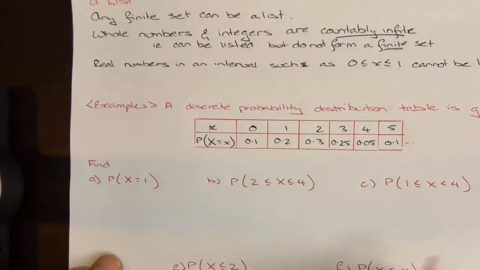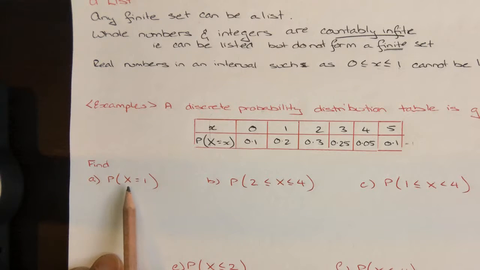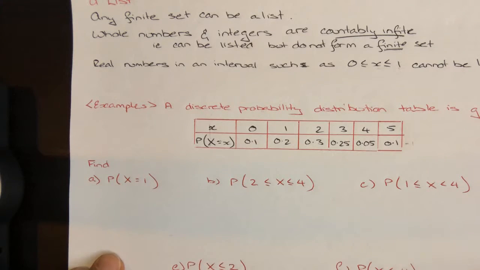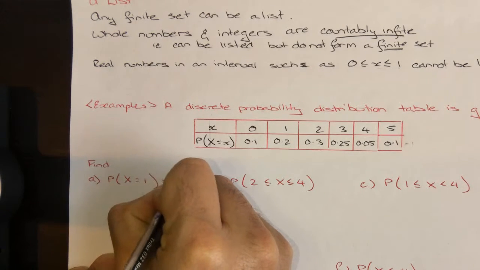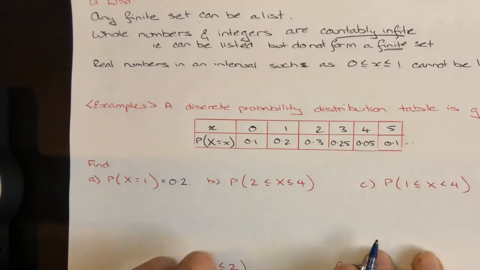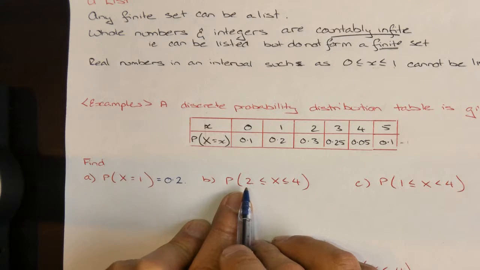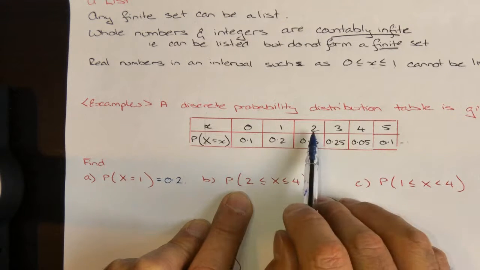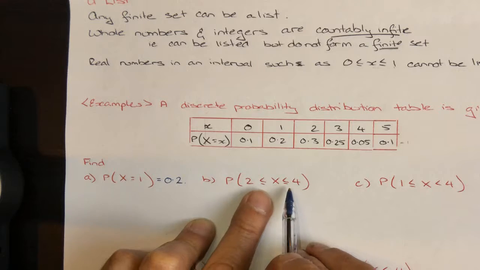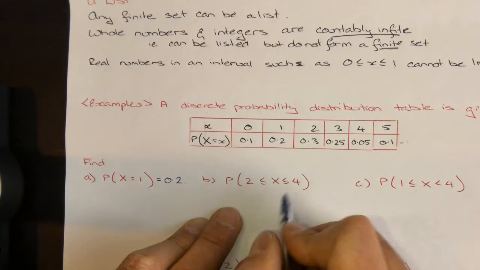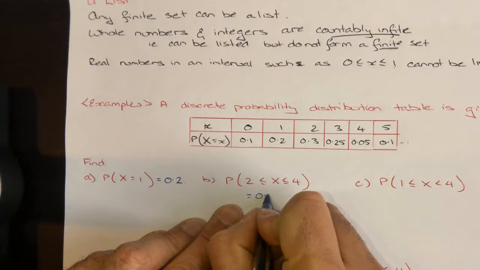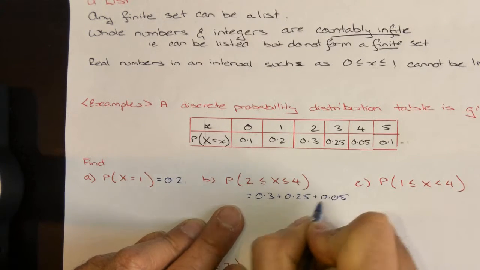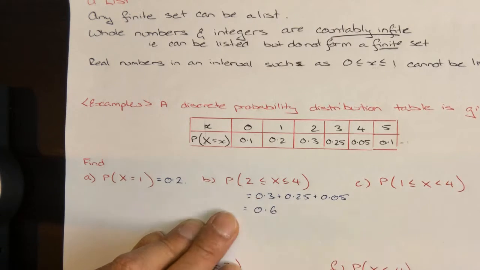If we want the probability of the value being 1, we just read off the table, and it's 0.2. If we want the probability of the value being between 2 and 4 inclusive, we add these three numbers. So 0.3 plus 0.25 plus 0.05 is 0.6.